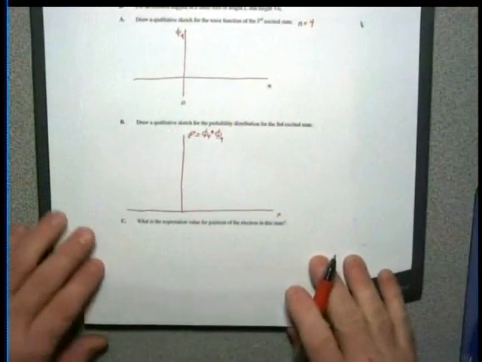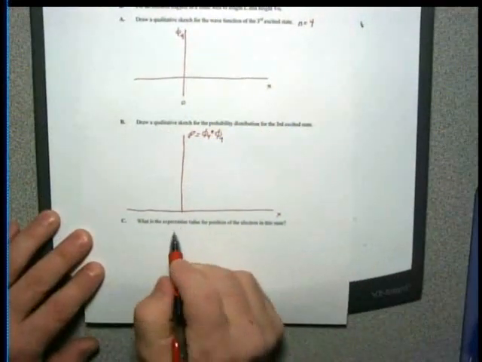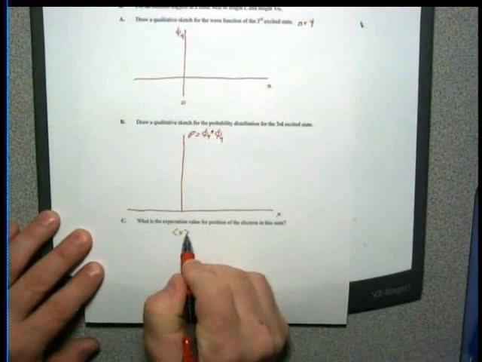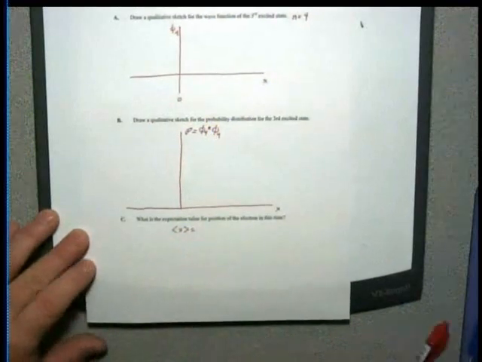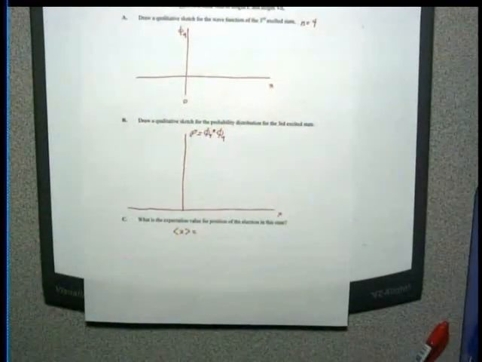Then the third thing I asked for is what's the expectation value for this state. See if you can get me those. I'll give you, say, I don't know, a minute and a half.